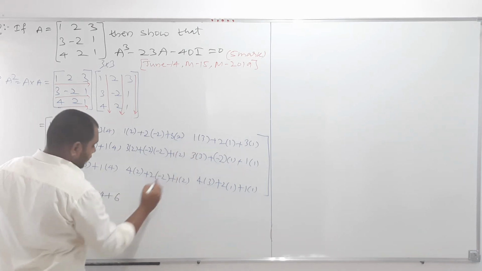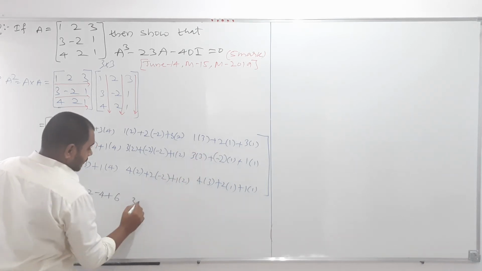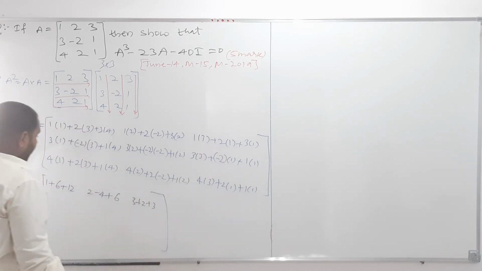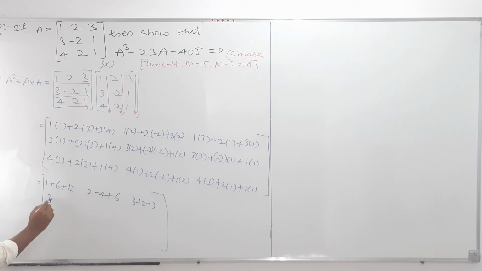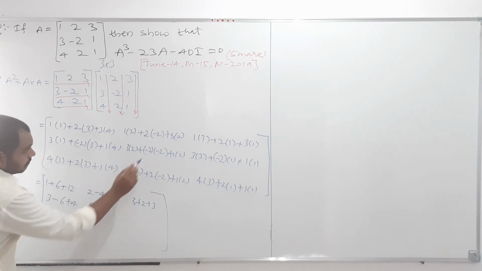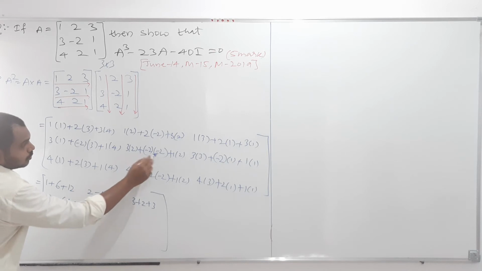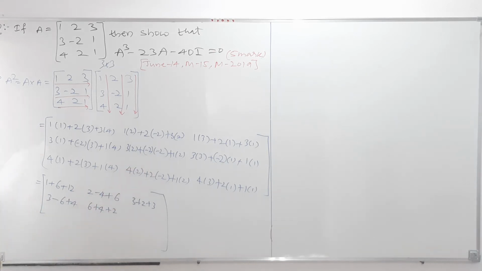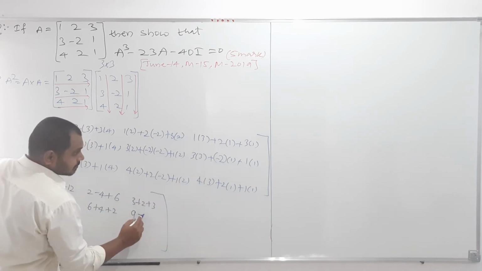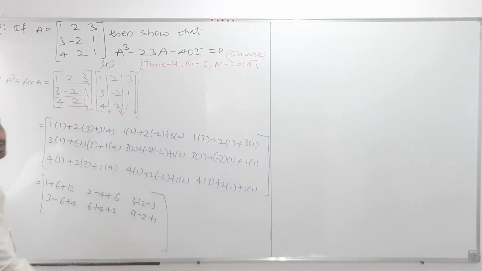Next my dear friends, 3 into 1 is 3 plus 2 plus 3. Next 3 into 1 is 3 plus minus minus 3 2s are 6 plus 4. Next 3 2s are 6 minus minus plus 2 2s are 4 plus 2. Next 3 3s are 9 plus minus minus 2 plus 1.